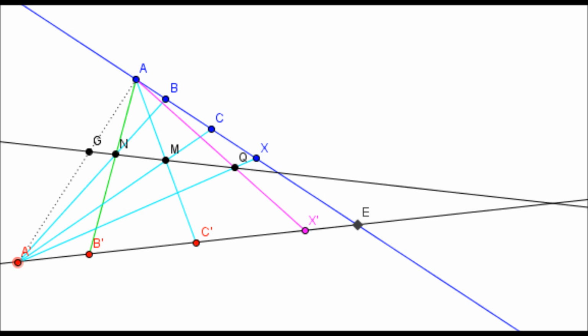According to the fundamental theorem of projective geometry, there is only one projection that sends A, B, and C on the first line to A', B', C' on the second line.